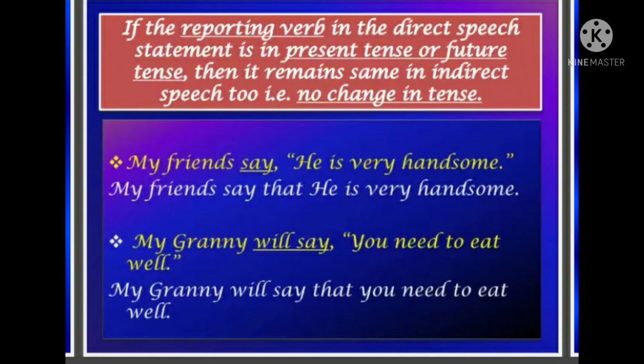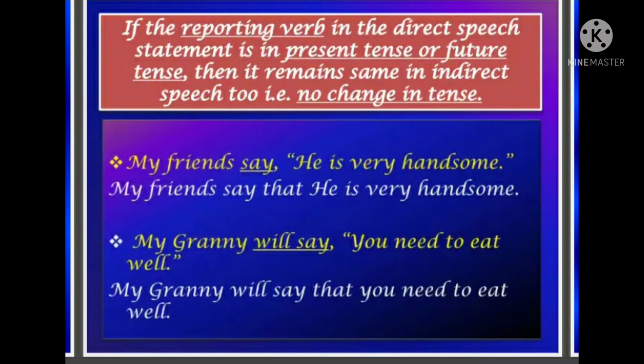If the reporting verb in the direct speech statement is in the present tense or future tense, then it remains the same in indirect speech also. That is, there is no change in the tense. Example: my friends say, "He is very handsome." The indirect speech of this sentence will be: my friends say that he is very handsome.